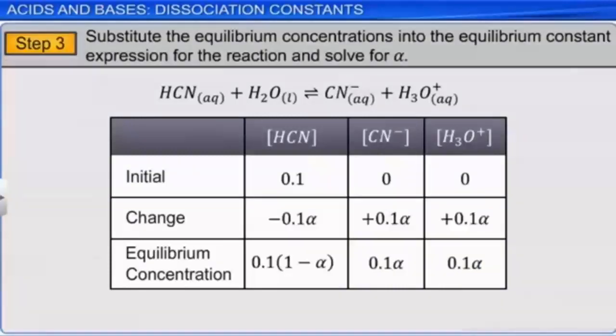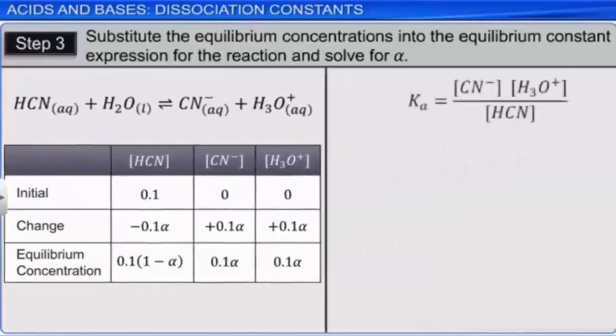The expression for the dissociation constant of hydrocyanic acid can be written as Ka equals the product of concentrations of cyanide and hydronium ions divided by the concentration of hydrocyanic acid. On substituting the equilibrium concentrations into this equation, we get 0.1 alpha multiplied by 0.1 alpha divided by 0.1 multiplied by (1 - alpha).